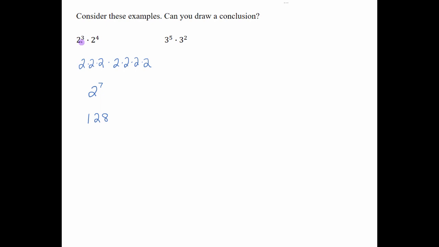Well, it looks like we have 3 2's here and 4 2's here, so altogether we have 7 2's. We're really just adding the exponents if we're multiplying numbers of the same base. So I have 3 to the 5 plus 2 is 7.